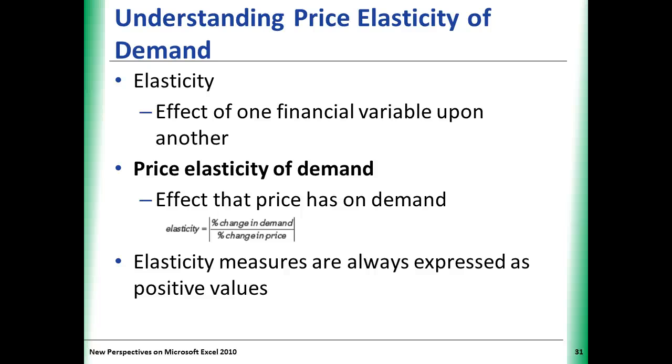So if we change price 100%, we double the price, but demand only goes down 10%. Let's think about that scenario. That would result in 10% divided by 100%, which would be 0.1.